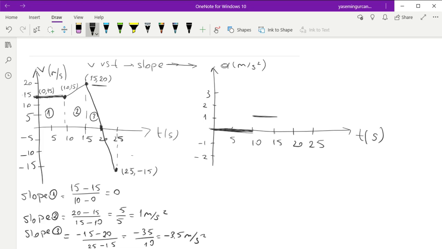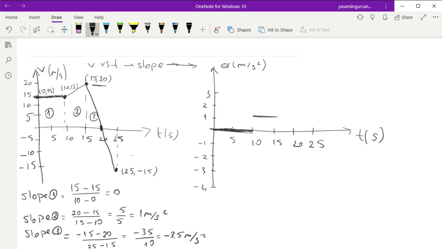And it's negative because you know the slope is having this angle. It's pretty steep, so it's much bigger than this one, as you can see. And region 2 has a positive slope anyway. So from 15 to 25, we need to put a dot; let me make it minus 3 and then minus 4.